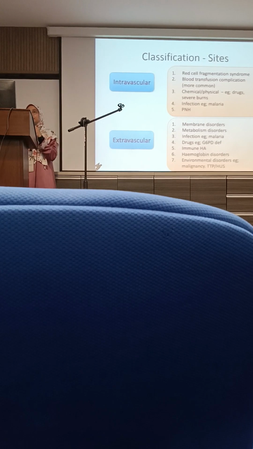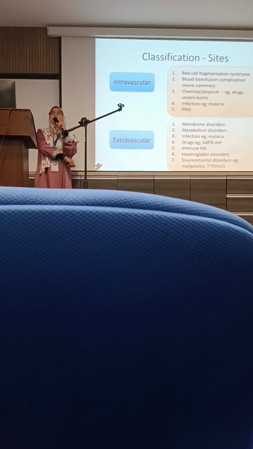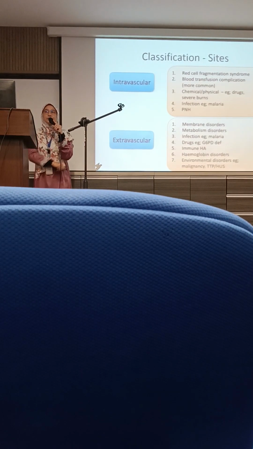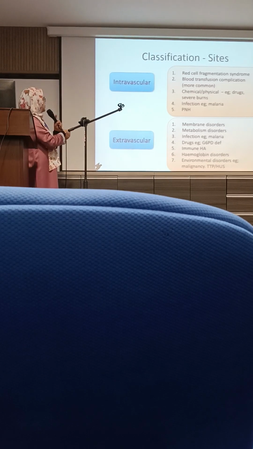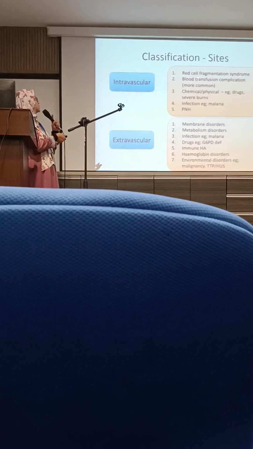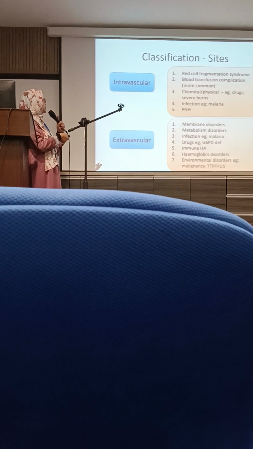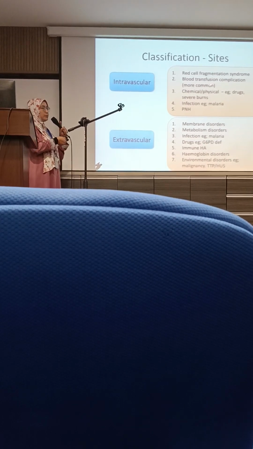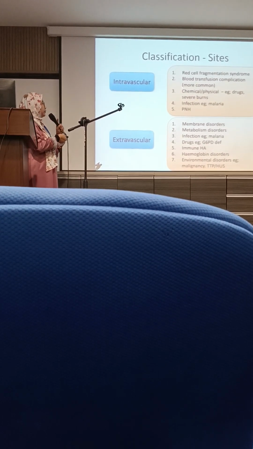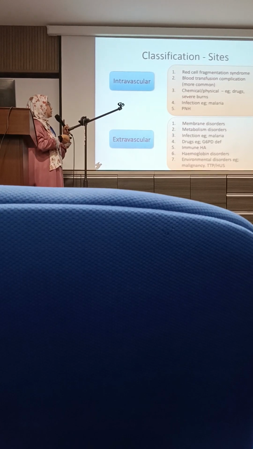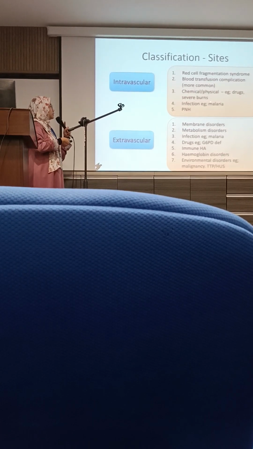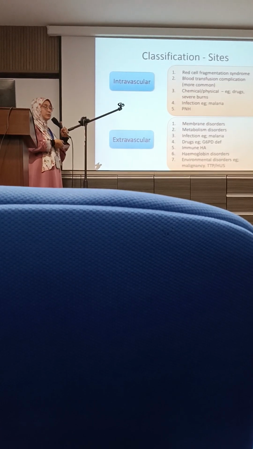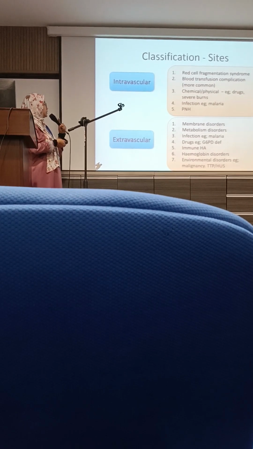So if you classify based on the sites, it can be intravascular or extravascular. So examples of intravascular hemolysis: red cell fragmentation syndrome, blood transfusion complication, the alloimmune tadi, chemical or physical causes like drugs, severe burns, infection, for example malaria, and PNH.